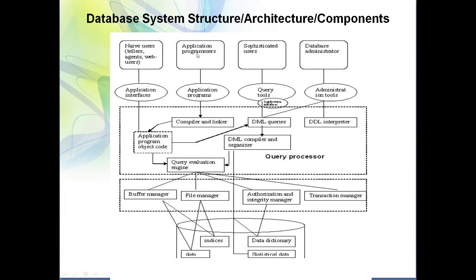Then the second type of user is the application programmer, who writes a specific application program, such as a Java developer or .NET developer. The next kind of user is the sophisticated user. They interact with the database by using structured query language. Then the fourth type of user is a specialized user called the DBA, database administrator.